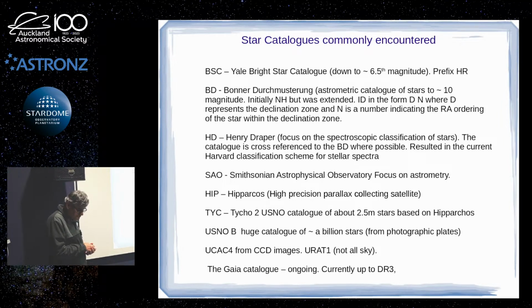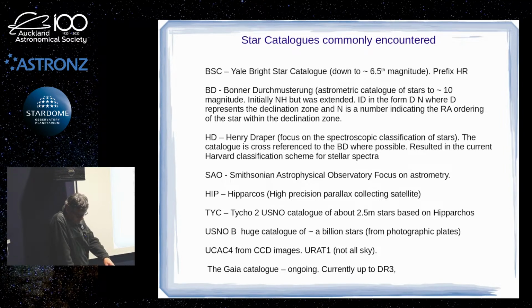And so they basically divided a catalogue up into zones. You may come across this, it's not so common these days, as the BD designation. And orders by RA within a zone of declination is the way the scheme works.